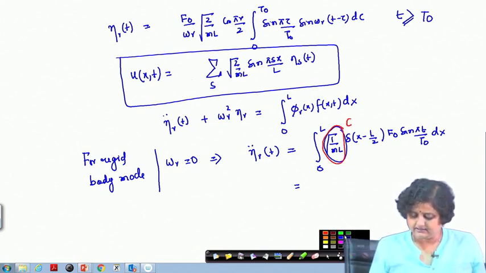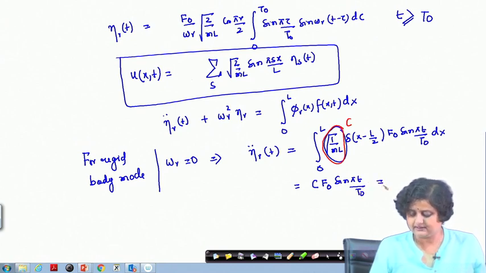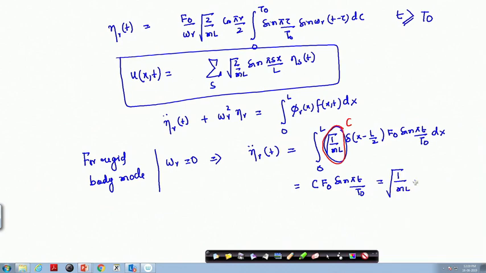So, my expression now becomes c into f0 into sin(pi t by t0), which also does not matter if I write this as 1 by m l into f0 sin(pi t by t0).